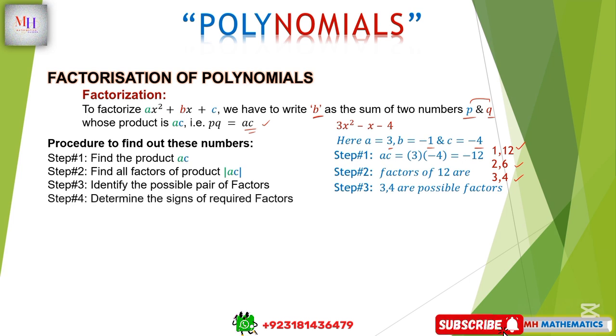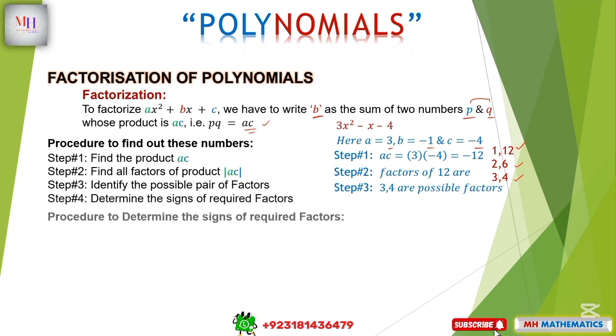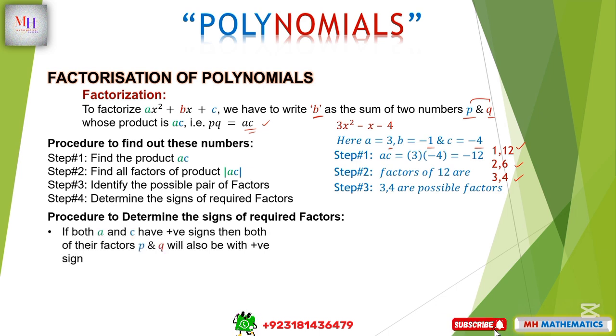Now in step 4, determine the signs of the required factors. Here is the procedure to determine the signs of the required factors. We have some conditions on the signs of a and c by which we can determine the signs of the factors. So if both a and c have positive signs, then both of their factors p and q will be positive.